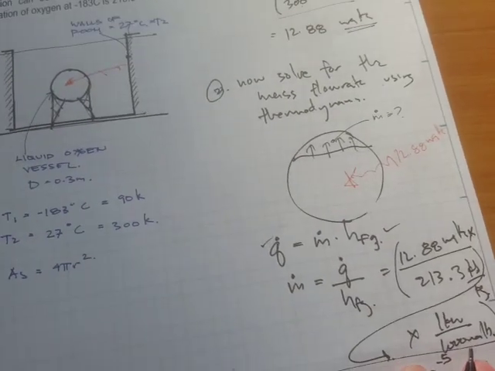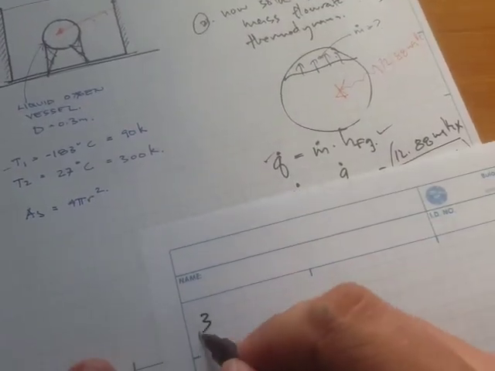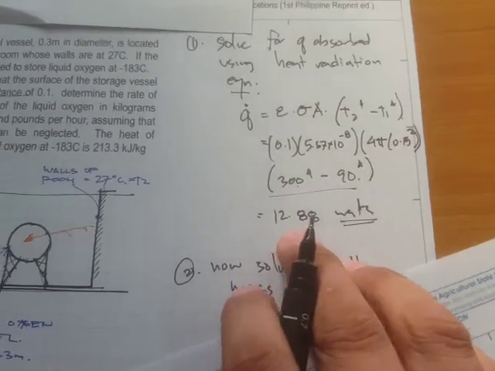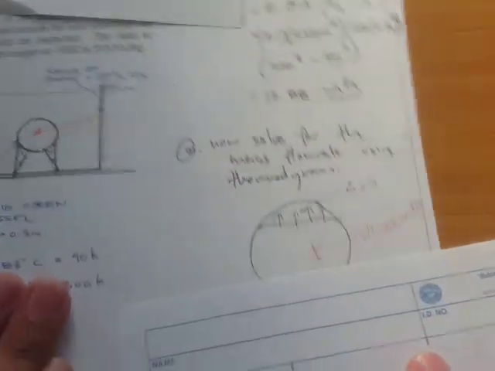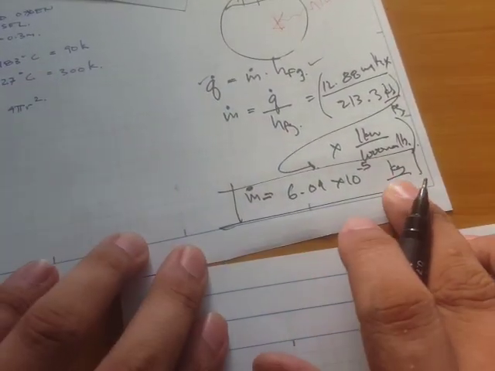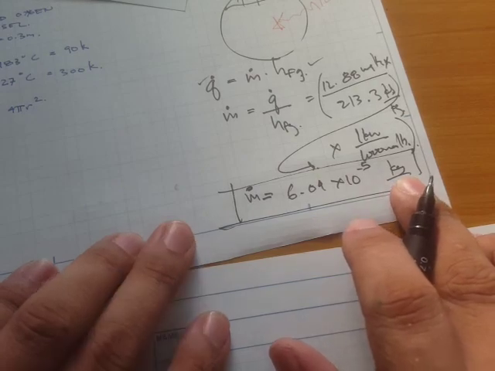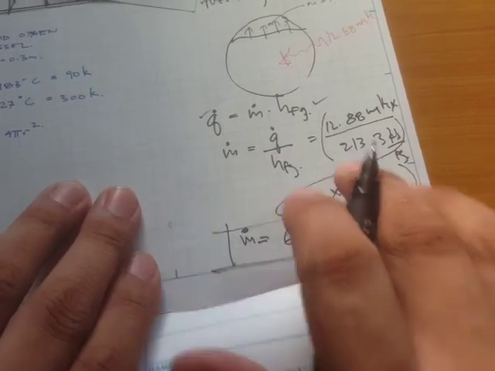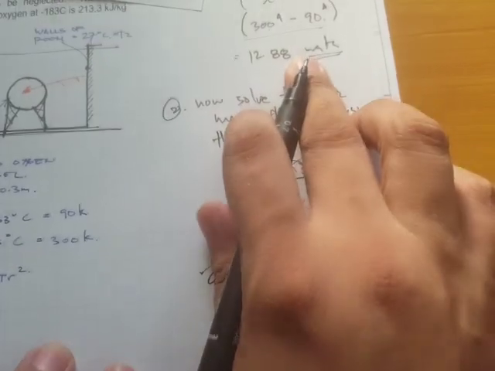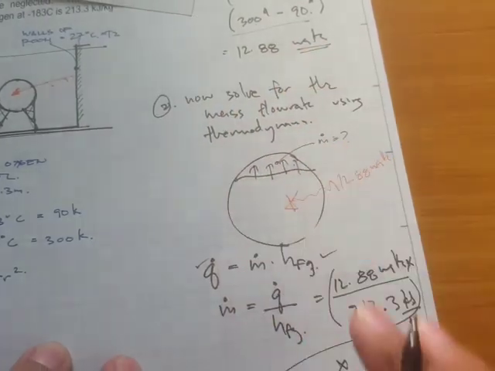Now if we are going to solve using IP units, then let's try converting from here. Although we can just convert this mass flow rate to pounds per hour, we can also convert from here just to practice.